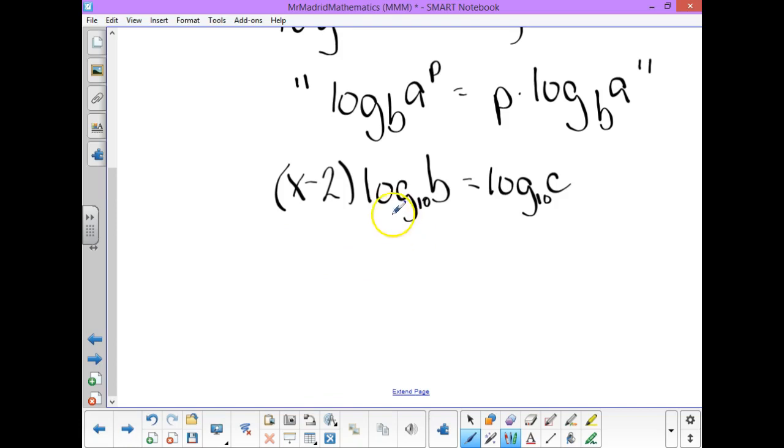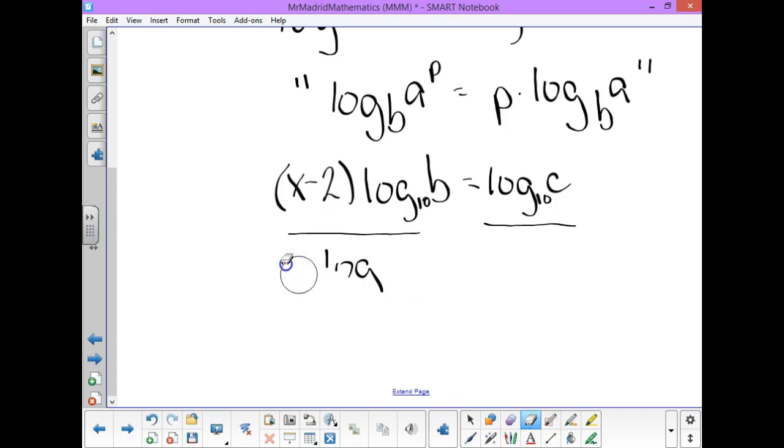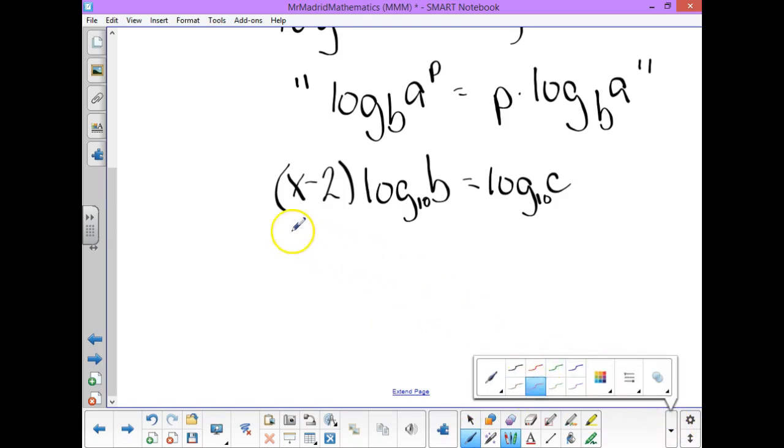So if I have that, the next logical thing is something times this equals that, so I can divide by the log of b. Let me do that in red, to differentiate between steps.